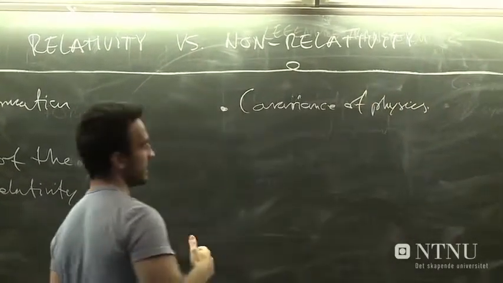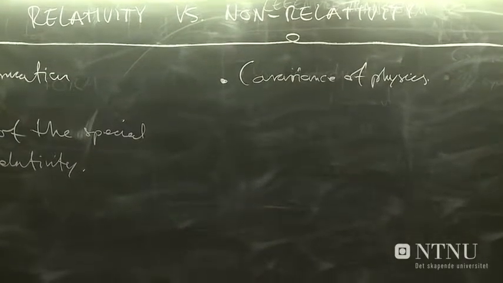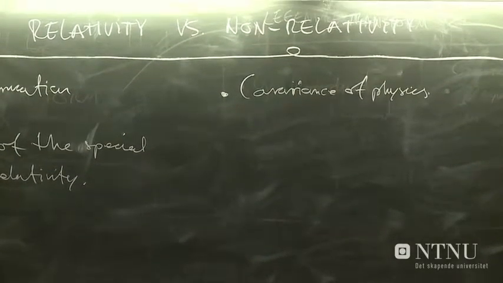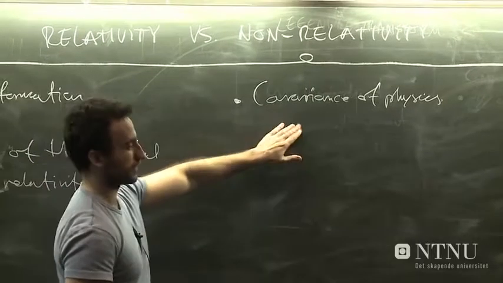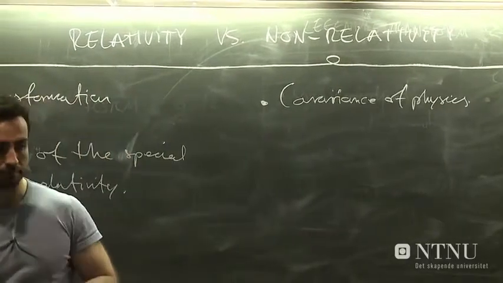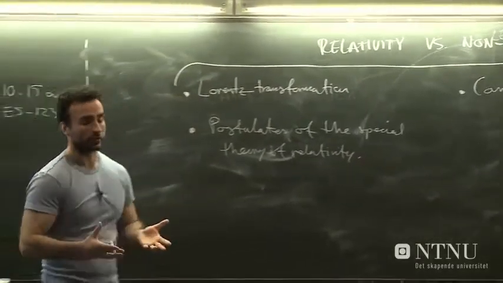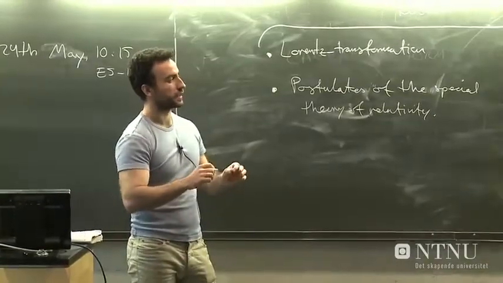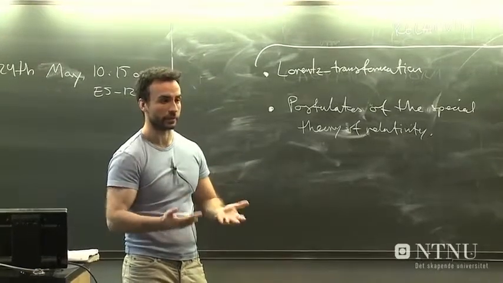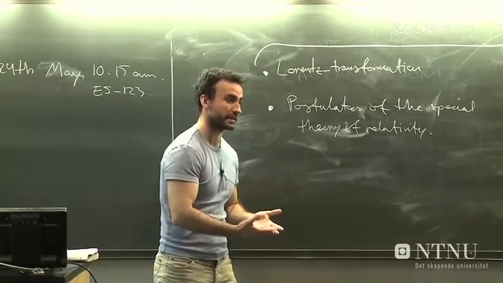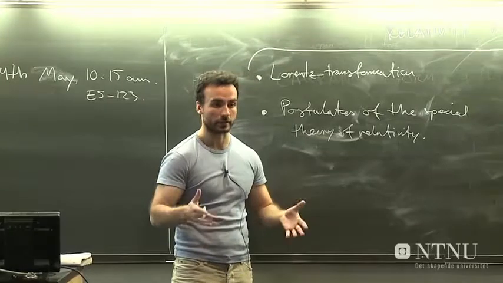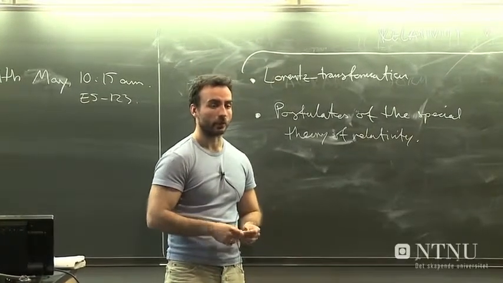So we basically made this first postulate a bit more quantitative by discussing covariant physics in different inertial frames. That the laws of physics or equations of motion should basically have the same form in all inertial frames, so that we would have the same type of physics, regardless of which coordinate system we were located in.